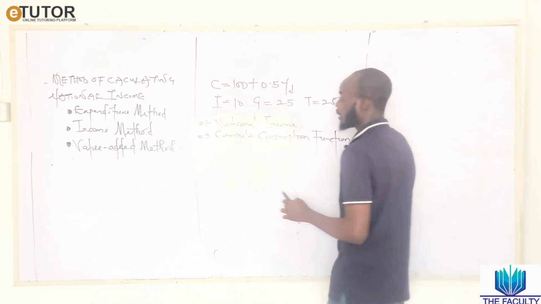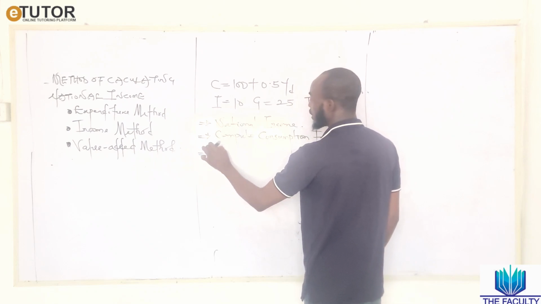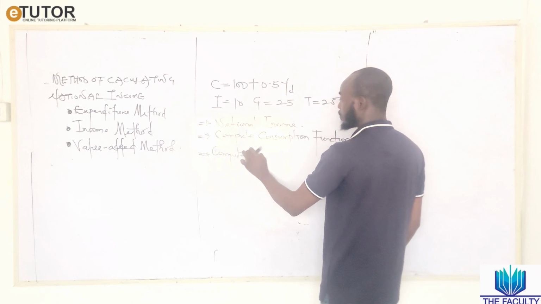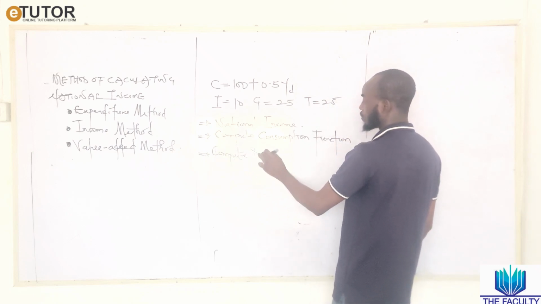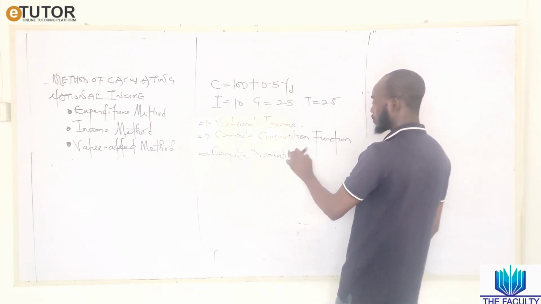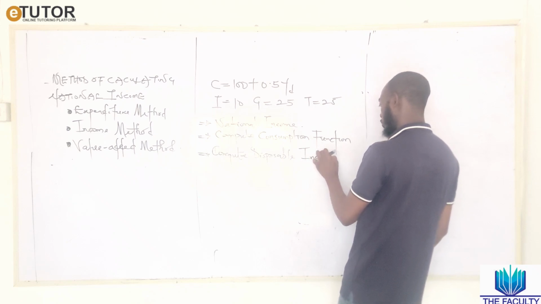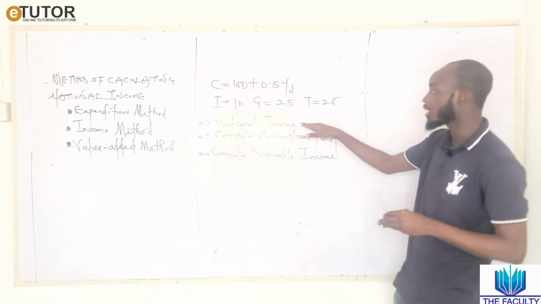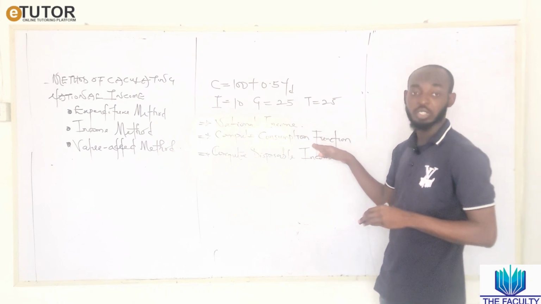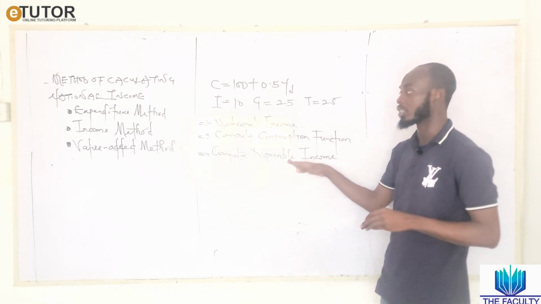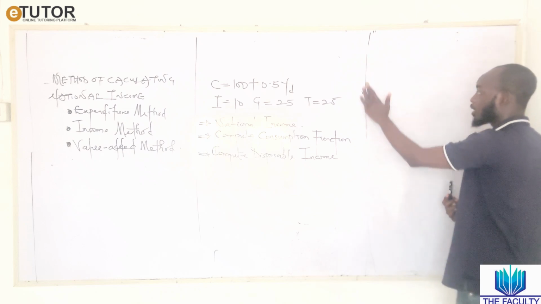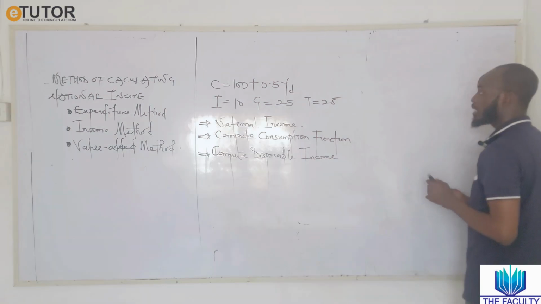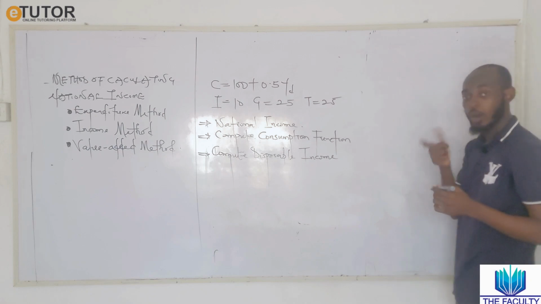And the third one is to compute the disposable income. So we will be working on these three: the national income, the consumption function, and the disposable income. The first approach is calculating the national income. How are we going to do that?